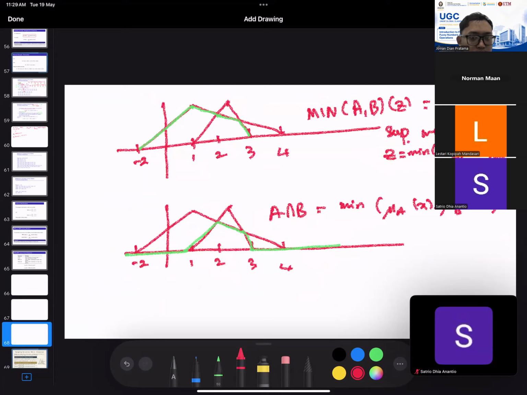For z, you choose the minimum between x and y. Just now, multiplication: z equals x times y. Division: z equals x divided by y. Subtraction: z equals x minus y. Addition: z equals x plus y. The difference is only in how you choose your z.